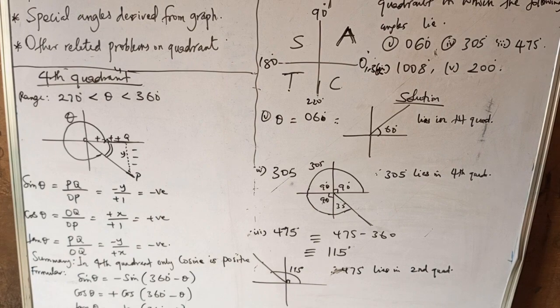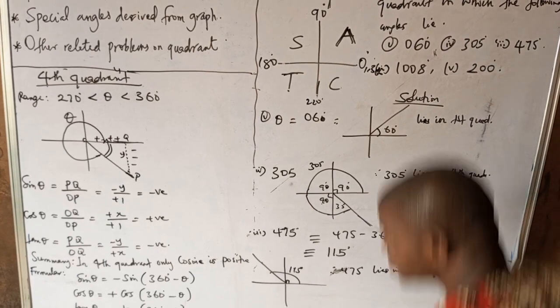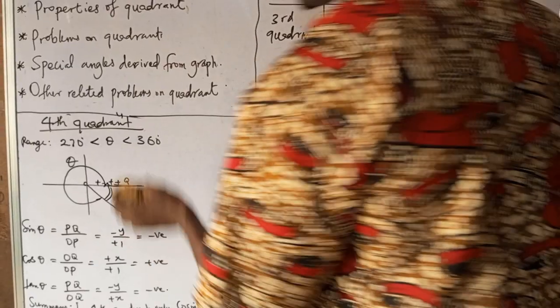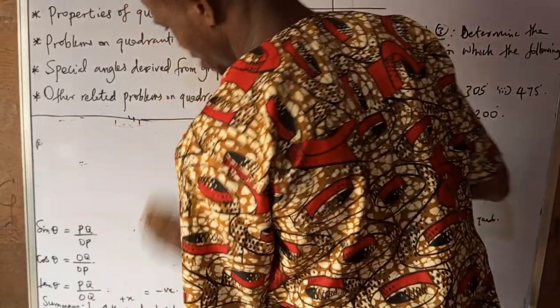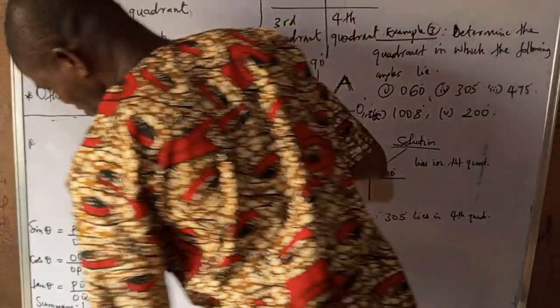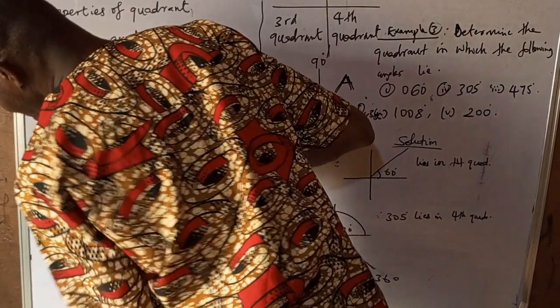Then the last one, 1008. Still the same thing: you subtract until you get an angle that lies between 0 and 360 degrees.